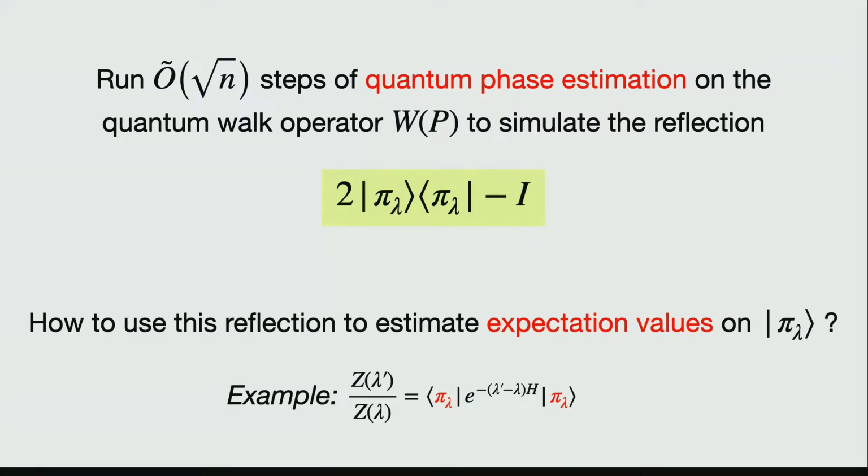Okay, so now let's move to the next step, which is how can we use this type of unitary operation? And the goal is to estimate expectation values on the quantum Gibbs state. So for instance, if we go back to this ratio of partition functions, you can rephrase this ratio as the following quantities, which is exactly the expectation values I showed you a few slides before.